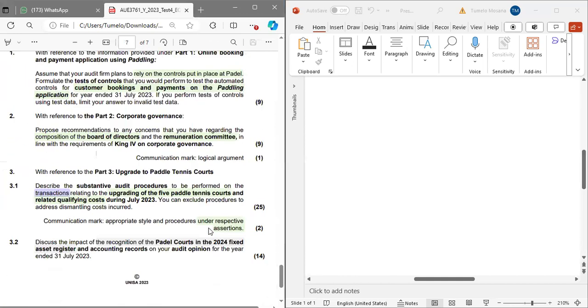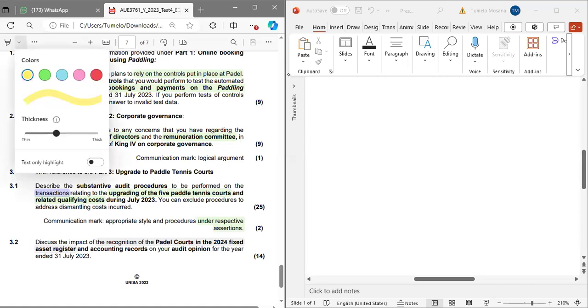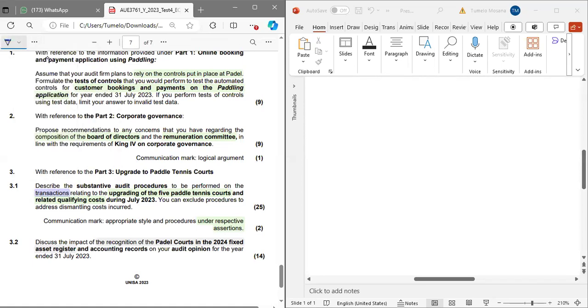Our main focus, I want us to start there. We'll go upwards. Our main focus, we are going to start with part 3, the upgrade to pedal tennis court.